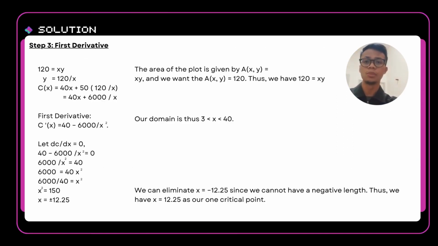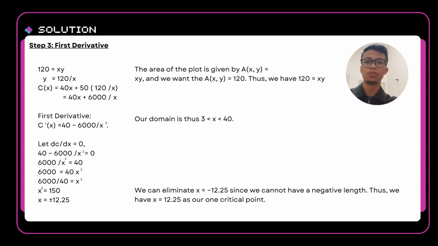Moving on to step 3, which is finding the first derivative. We are already given the value of the area, which is 120 equals xy. So we need to find the y value. To find the y value, we rearrange the equation to be y equals 120 over x. Then we substitute that equation into 40x plus 50y.